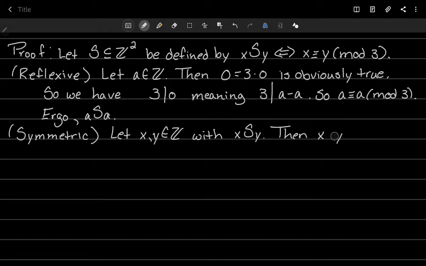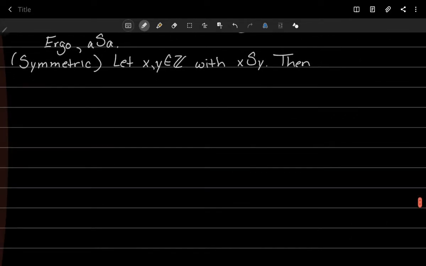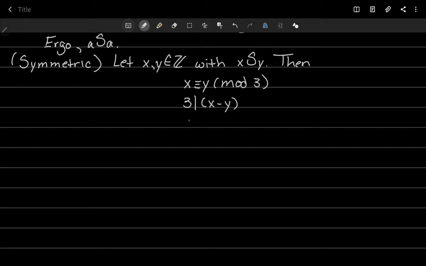In fact, we'll do this the shorthand way, like good lazy mathematicians. x is congruent to y mod 3 means 3 divides x minus y, which means x minus y equals 3n for some n in the integers. Then we get y minus x equals 3 times negative n.